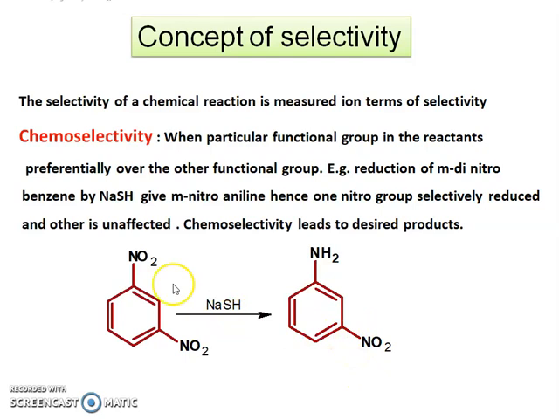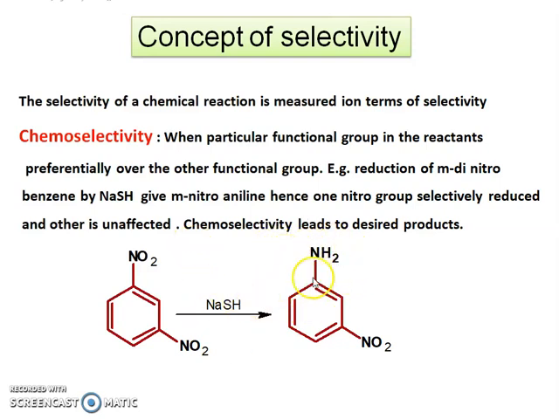Therefore this reaction is called a chemoselective reaction. Why is it chemoselective? Because only one nitro group reacts. See here, this nitro group remains as it is, unaffected, and only this nitro group is selectively reduced to the amino group.